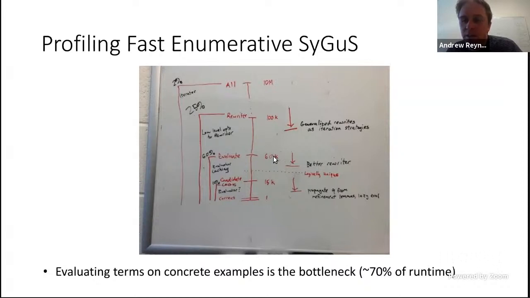Of those, we consider only about 60,000 to evaluate on examples, 15,000 we may check against the conjecture, and so on. And the takeaway here is that evaluating terms on concrete examples is surprisingly the bottleneck when you're really getting down into what is the bottleneck for enumerative SyGuS. In fact, about 70% of the runtime is just evaluating terms on concrete examples.